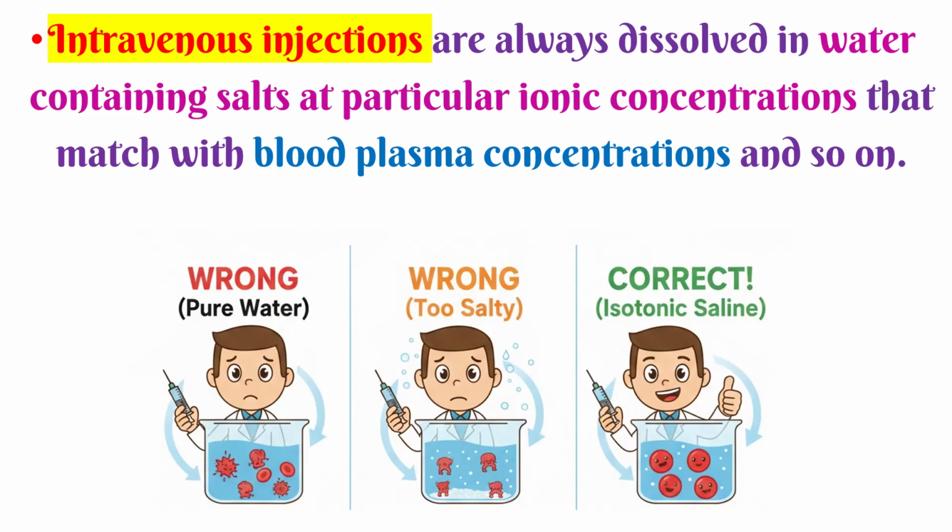If we just put this medicine in pure water, it is wrong. If it is too salty, that is also wrong. Isotonic means it should contain the salt at a particular ionic concentration matching our blood plasma concentration. Then only the IV injection is correct.